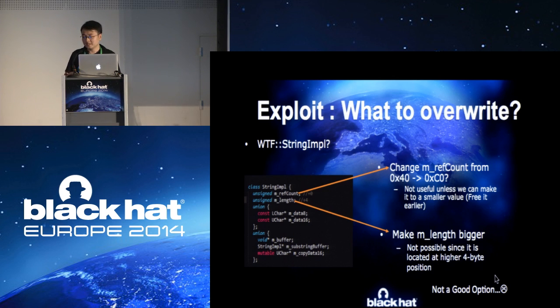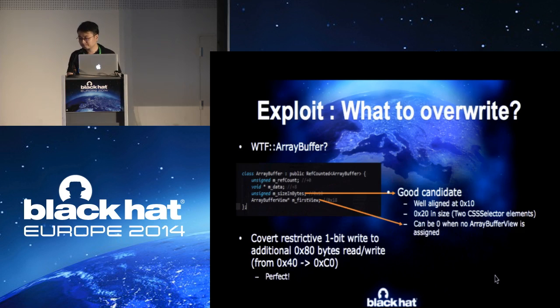But if you make it a larger number, it is not useful. And also, you can choose to make the mlength bigger, which is good. However, the mlength is in the higher 4-byte position, so it is not possible in this case.